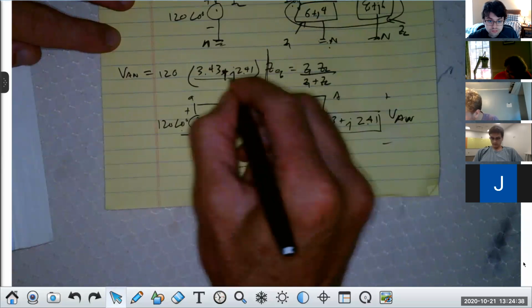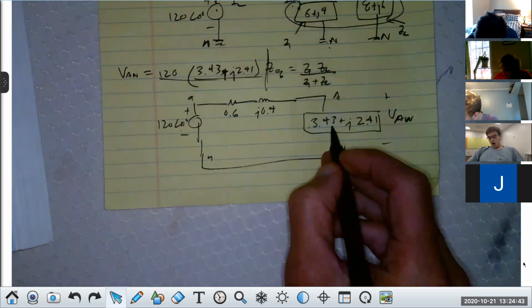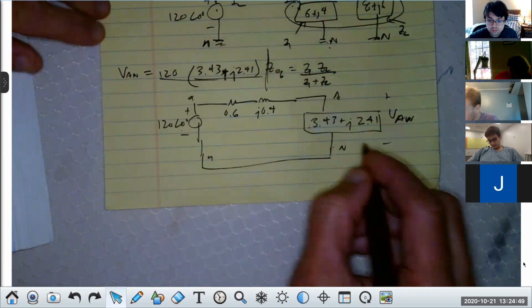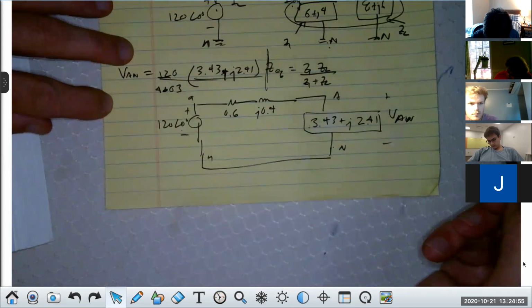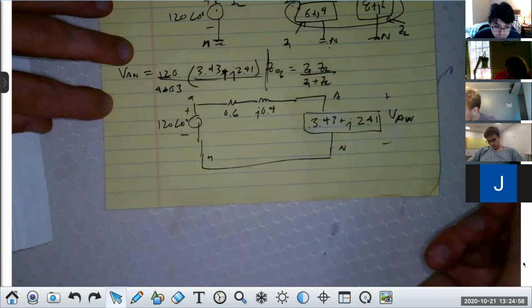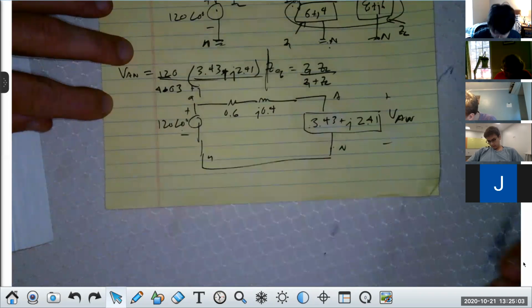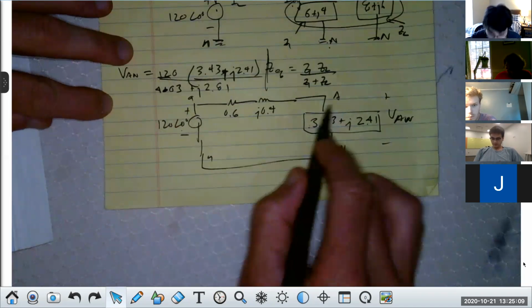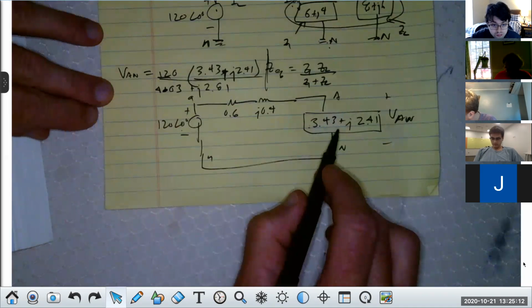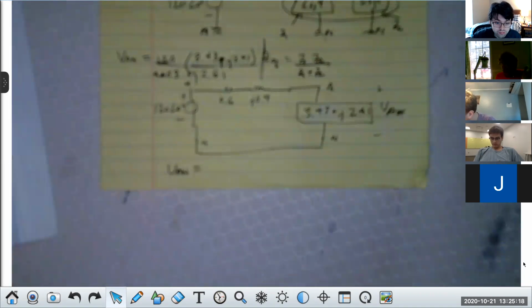And then it's divided by the sum of these two, which would be 4.03 plus j2.81, right? The only thing I did is add this plus this. That would be the actual voltage VAN. Do you agree with that, class? Okay, thank you.